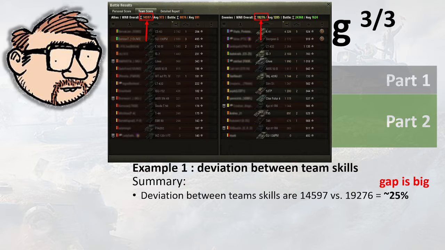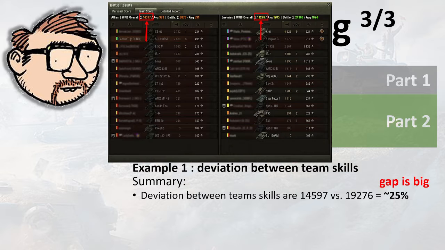Now, in this battle result, the gap between these two teams is 25%. It may sound like not so much, but this works pretty much the same as win rates and percents. 25% is a huge gap in the skill values between two teams, and it could be much worse.